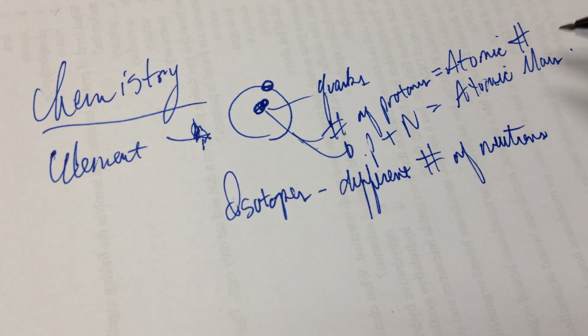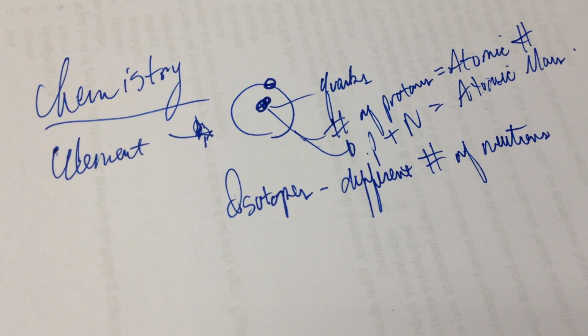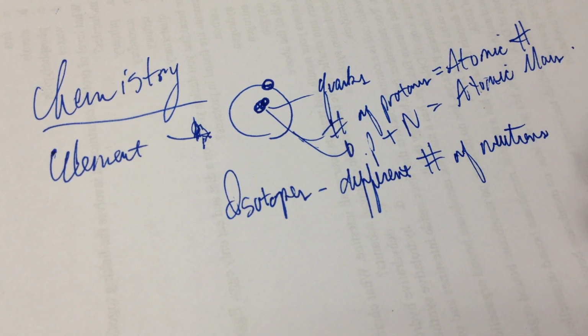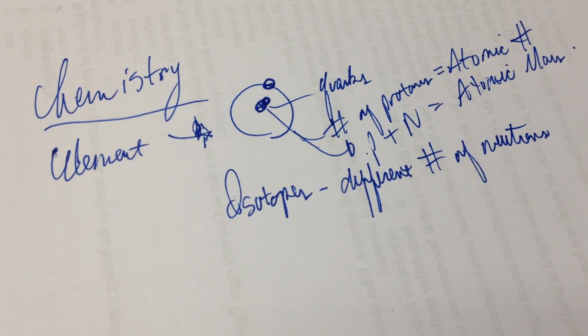Now, those isotopes are constantly trying to become the most stable form of themselves, right? Carbon-14 is essentially always trying to become carbon-12, because carbon-12 has 6 protons, 6 neutrons, and 6 electrons. It's essentially neutral. We can anthropomorphize it and say it's the most stable, it's the happiest, right? Because it has the same number of elementary particles.